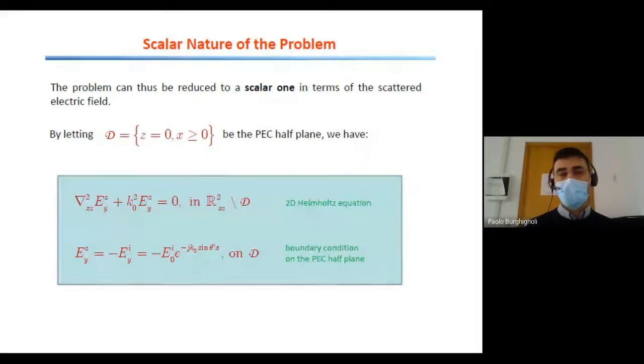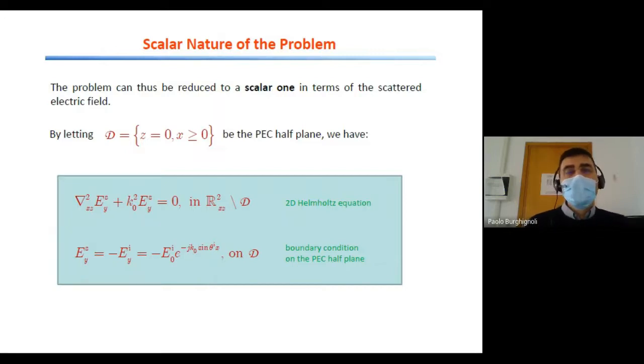So the scattered electric field must be equal to minus the electric field of the incident plane wave when z equals 0 and x is larger than or equal to 0. Okay, the one in the box is the scattering problem.